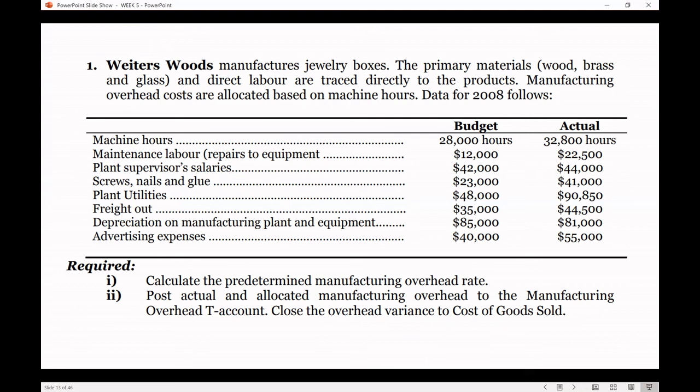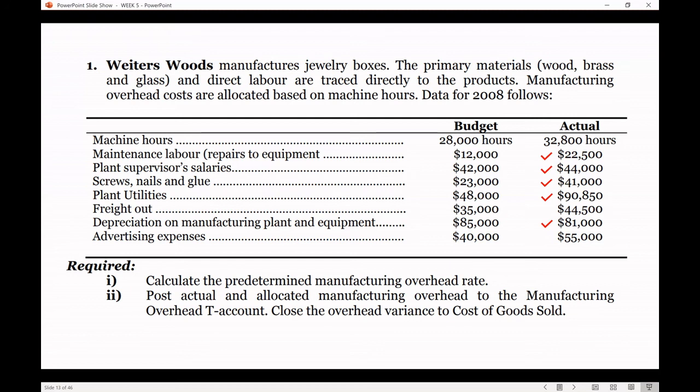And the thing to note is that all the actual costs that we're picking up are similar to the budgeted costs. However, this time, the only difference is that we're using those in the actual column. So your maintenance labor, that's still an overhead cost. Supervisors' salaries, the screws, the utility, and the depreciation, those are our manufacturing overheads, right?